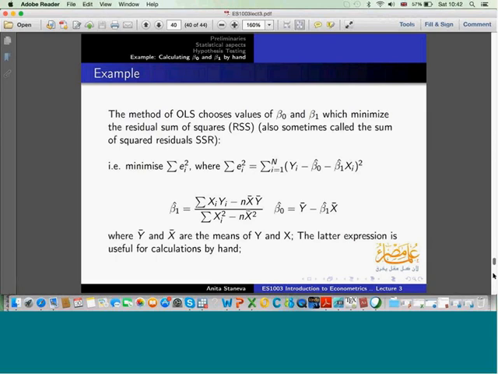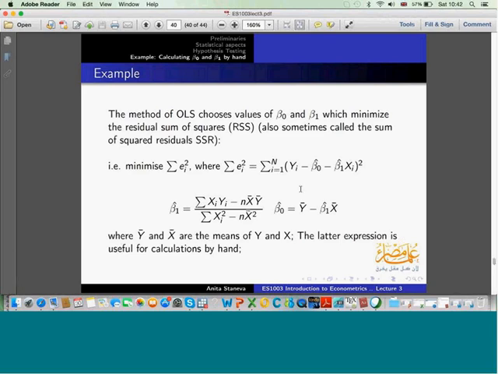The method of ordinary least squares that I talked about in the last class chooses the values of beta 0 and beta 1 that minimize the residual sum of squares. You remember I showed you some graphs, the fitted values that try to fit the data points as close as possible, and this minimizes the residual sum of squares.